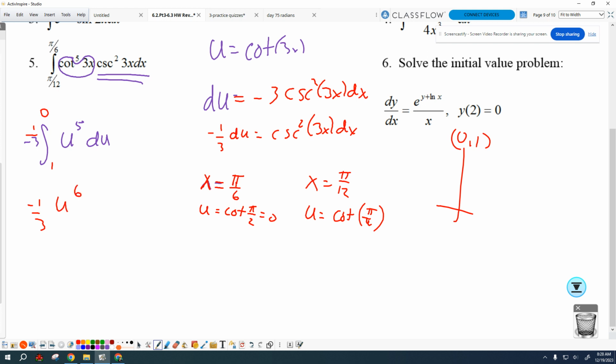Raise the power, divide by the new power, and evaluate at the bounds that we translated. So plugging in 0, I get 0 minus negative 1 over 18.